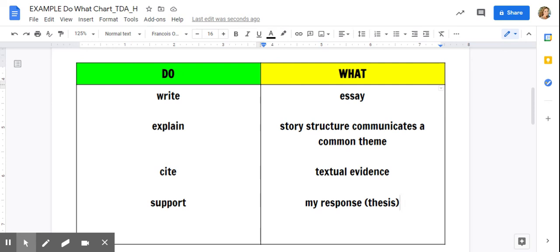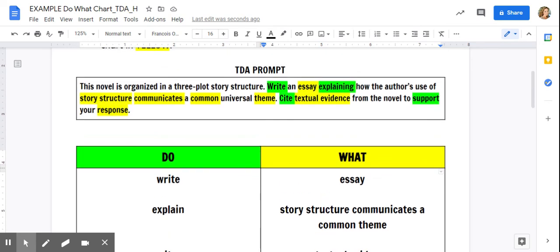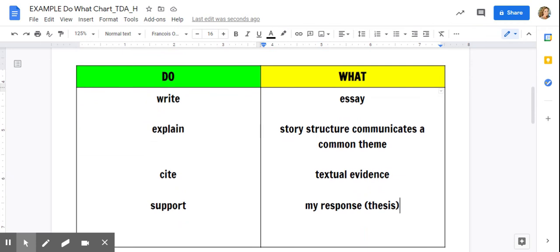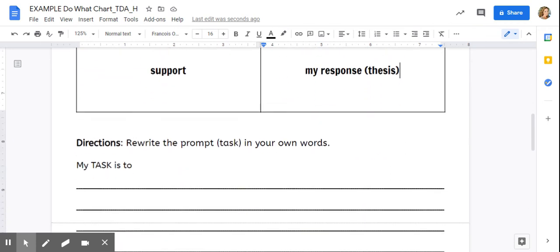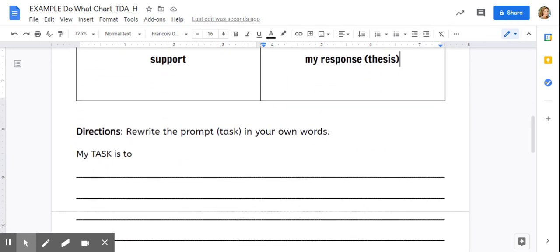The last thing I want you to do is, now that you understand the prompt, you've broken it down into the do and what, I want you to rewrite the prompt or the task in your own words so that you can really truly understand what the prompt is asking you.